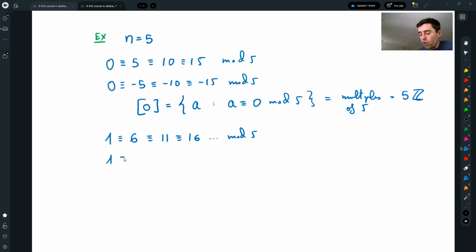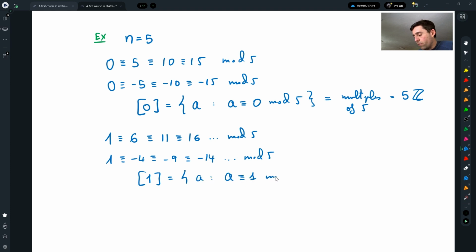So 1 is also congruent to minus 4, and minus 9, and minus 14, etc. modulo 5. So the class of 1 is those integers a such that a is congruent to 1 modulo 5, and those are in fact all the numbers of the form 5k plus 1 for k some integer.